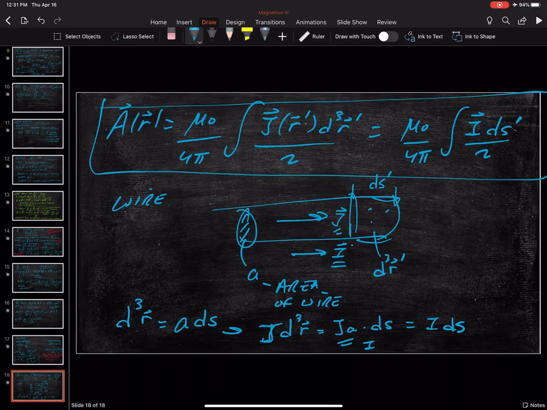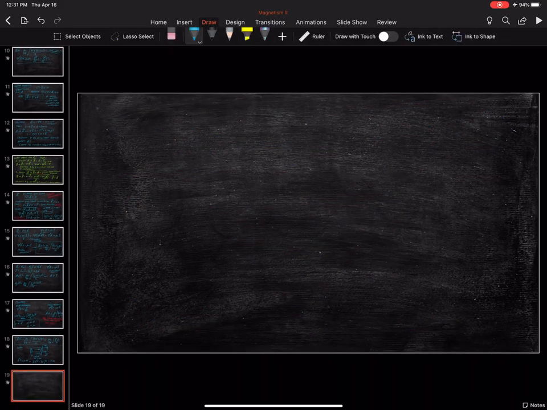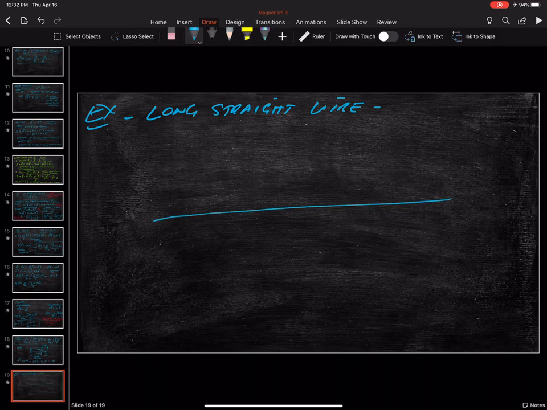So this is another nice way of writing this thing. And that's a whole lot easier because we've integrated currents along directions already. All right. So let's see an example. You've got a long straight wire, and it's carrying a current in this direction.